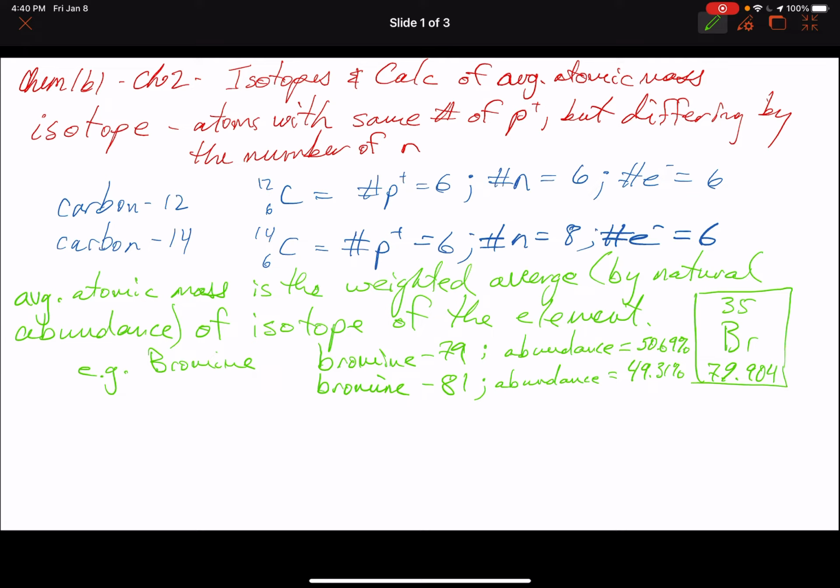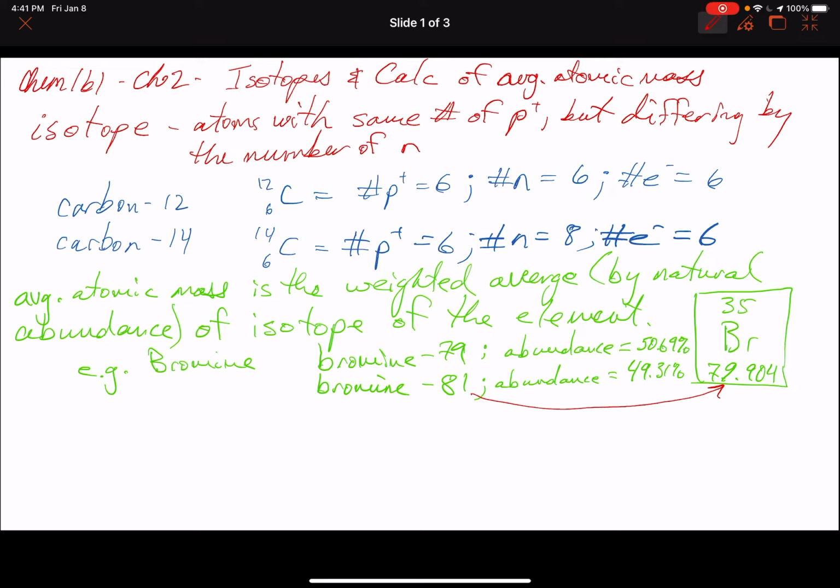Because these two values are close to 50 and 50, we can expect that the average atomic mass for all bromine would lie pretty close to the midpoint between 79 and 81. The midpoint for 79 and 81 is, of course, 80, and we see the outcome in the calculation coming out pretty close to 80, 79.904.